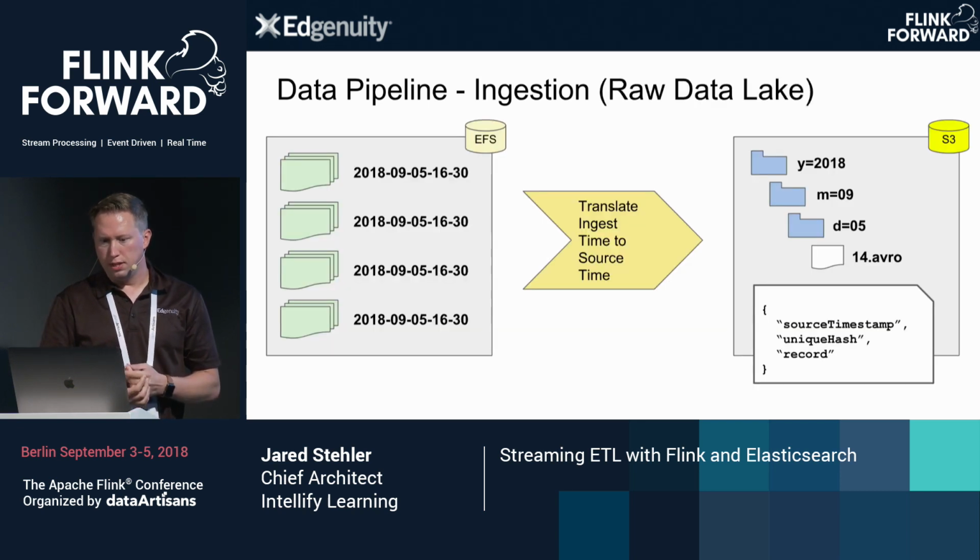We store data in EFS in ingest time. When we first do a big load of our data, we get data back from 2014. I found that when we were trying to bucket into event time buckets, we would have tens of thousands of buckets open at once, which would cause the checkpoint state to never succeed, and we would always time out over 10 minutes.